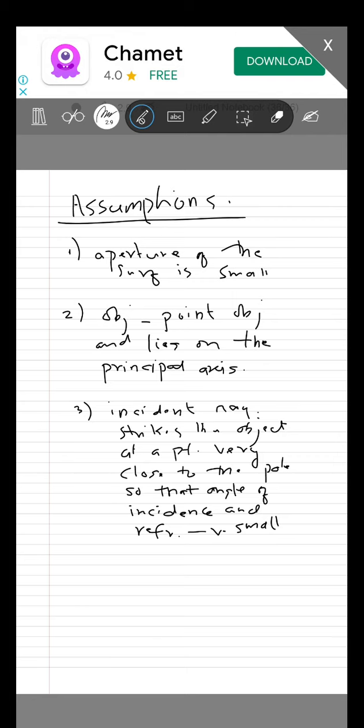And the fourth assumption is that the incident ray, the refracted ray, and the normal make small angles with the principal axis.